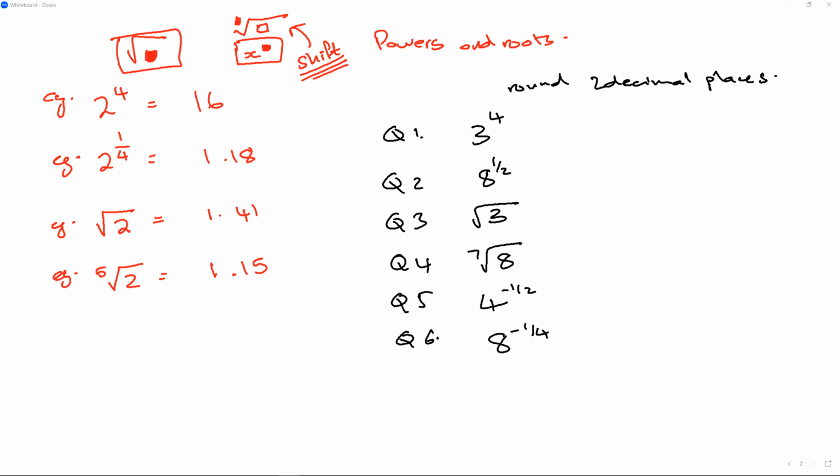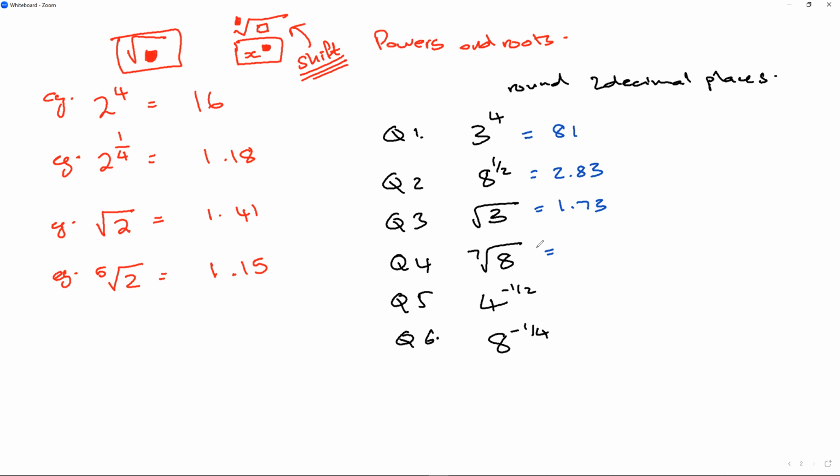All right, so the first solution here, I got 3 to the power of 4, and it comes to 81. 8 to the power of half, and that'll come to 2.83. Square root 3, 1.73. So here you're actually getting tested for rounding as well, and ability to use the calculator.